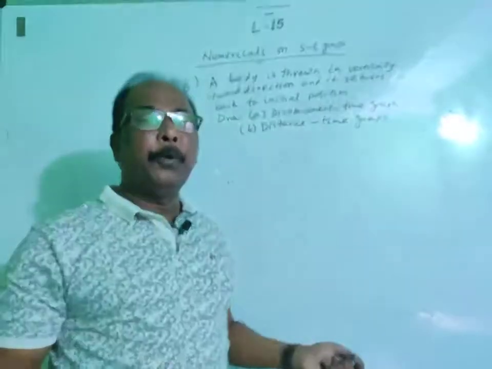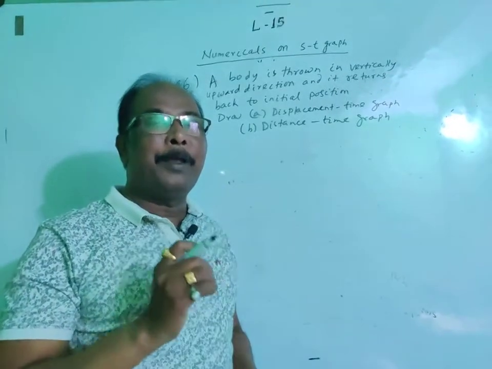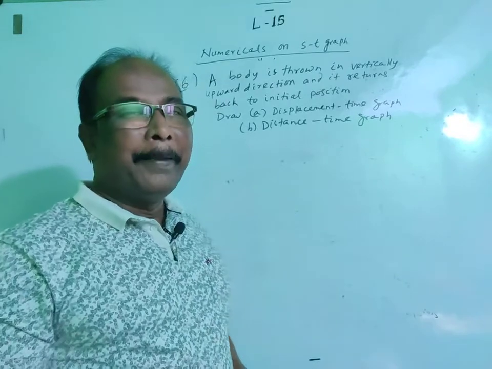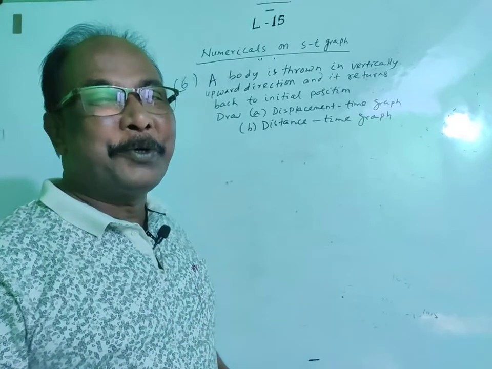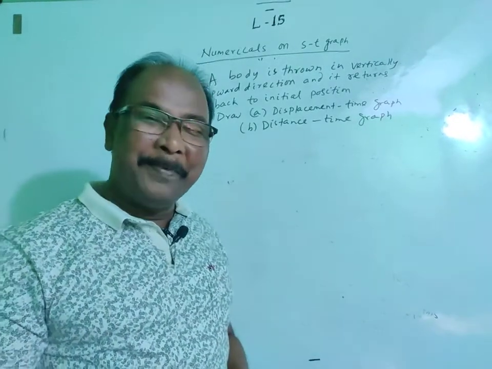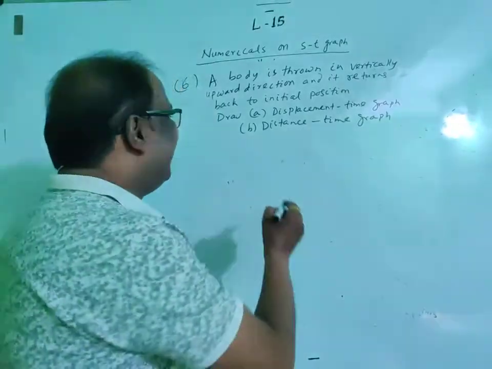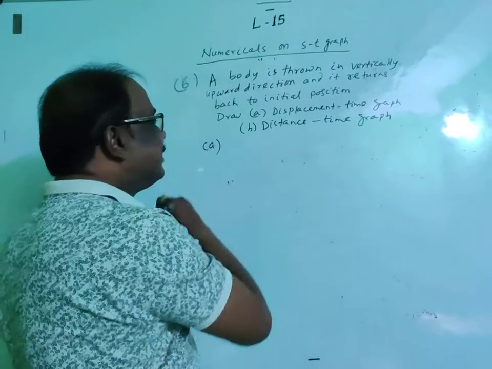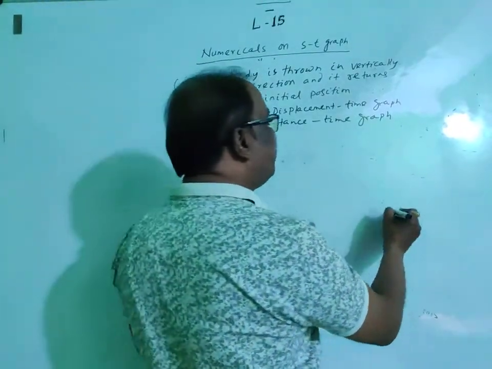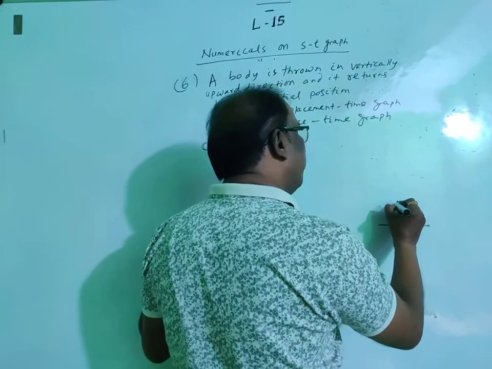The body is thrown in vertically upward direction and again returns back to the initial position. We have to describe this situation by taking the help of the displacement time graph and distance time graph. Let's first discuss the displacement time graph. This is your situation. The body is thrown in upward direction.